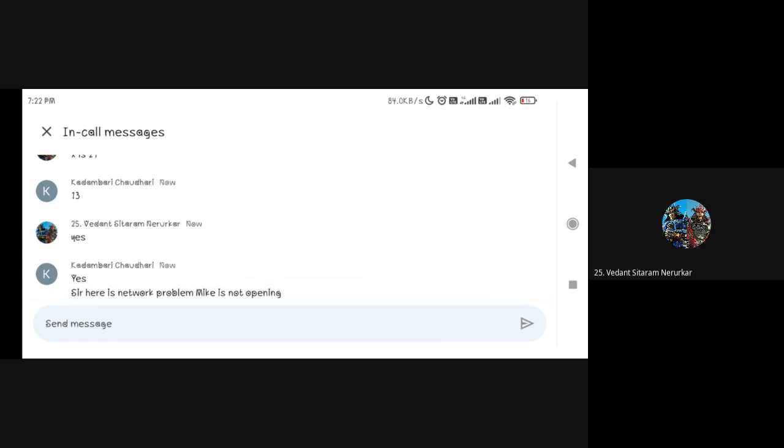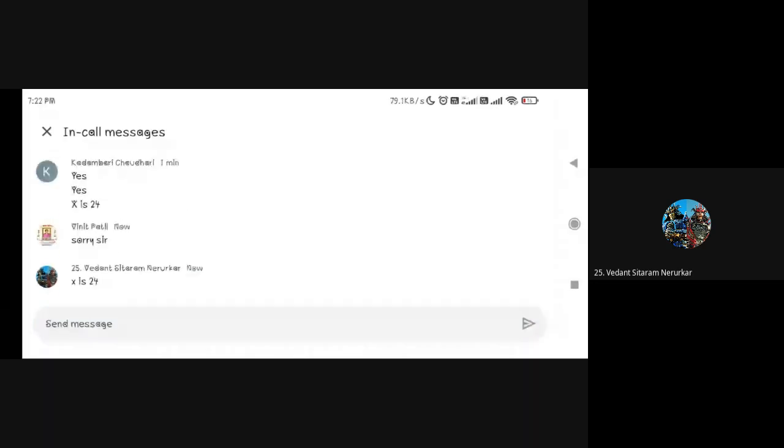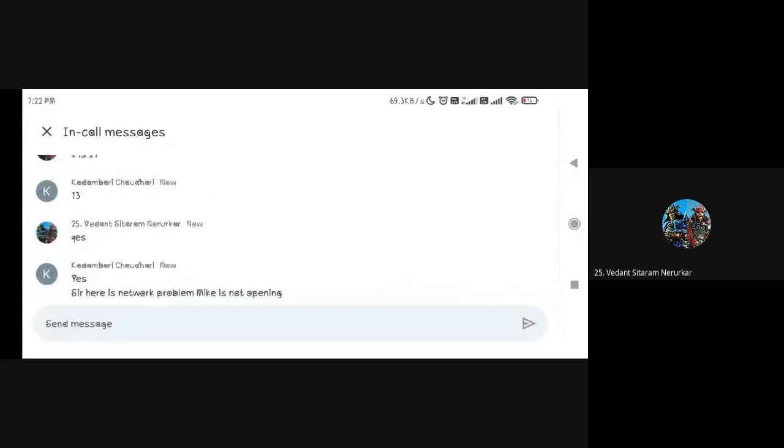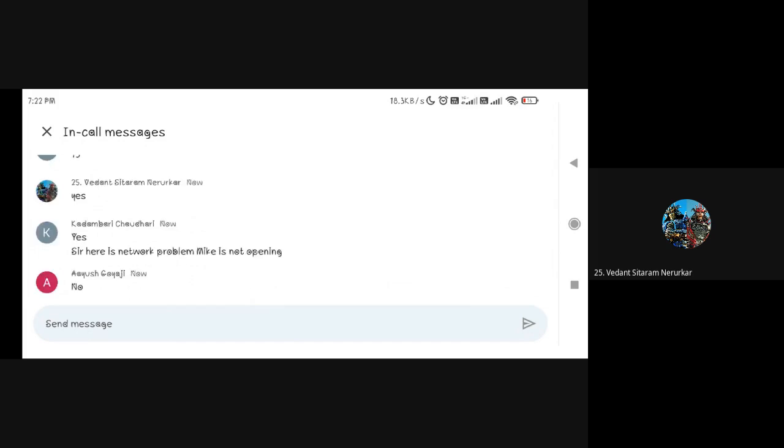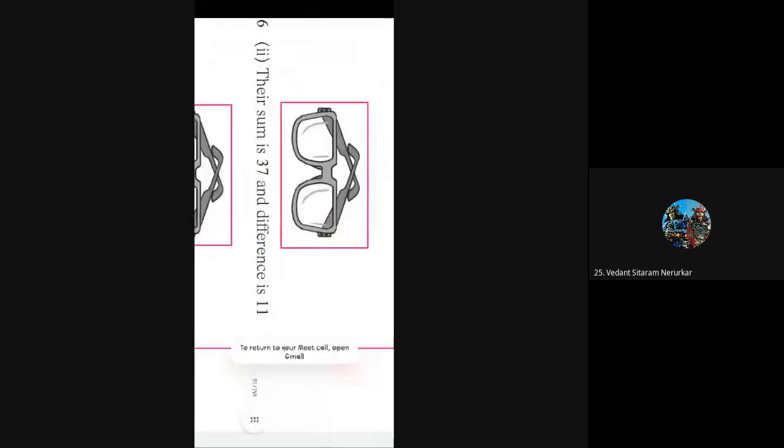No problem. Okay, did the others understand? Vedant, Vineet and Ayush, did you understand how we got the values 24 and 13? If not, I will tell you. You did not get it? Okay, fine. We will learn how to find this out.